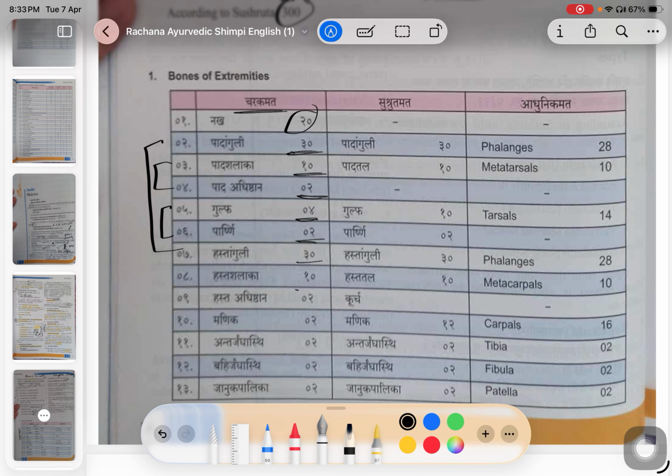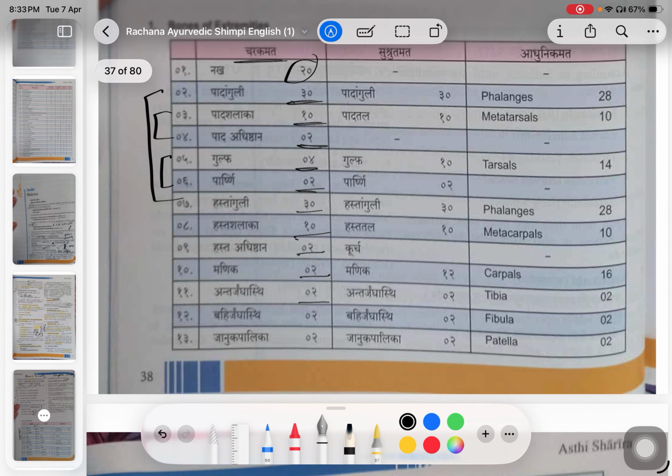Hastashilaka 10, Hastadishtan 2, Manibandh 2, Antarjangasthi 2, Bahirjangasthi again 2, Janu Kapalika 2. Then we have Sushrutmat: Padanguli 30, same, Padtal 10. So Padshilaka and Padtal will be considered together here and can be learned together. Gulf 10, Parshni 2. Parshni are same, but Gulf are different.